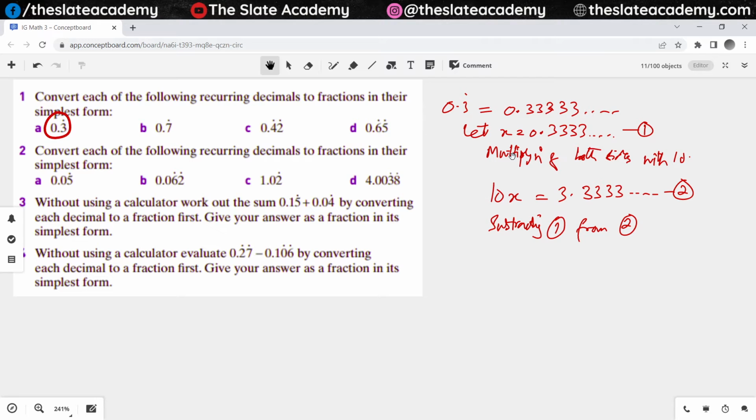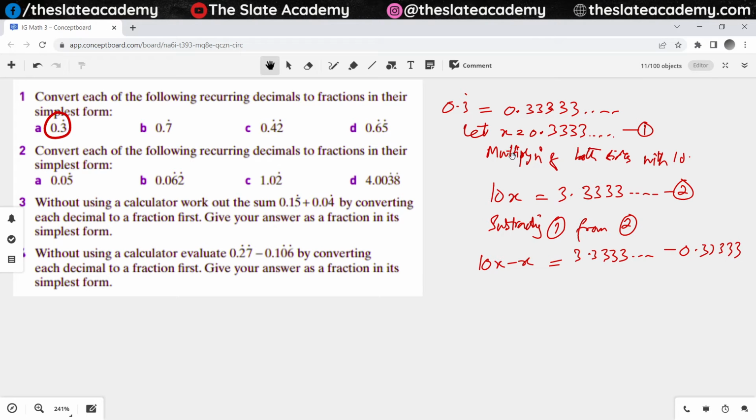Then what I will do is take equation 2, and from this equation 2 I would subtract equation 1. So when I subtract two equations, from the left hand side I will subtract the left hand side, and from the right hand side I will subtract the right hand side. The left hand side would become 10x minus x, and the right hand side 3.33333 till infinity minus 0.3333.